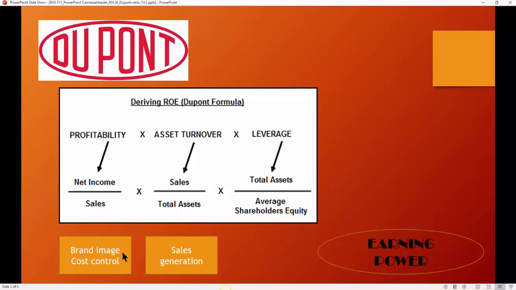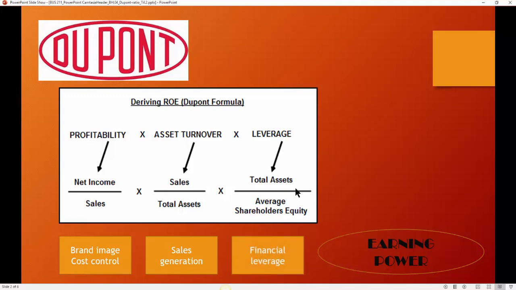So, having a higher revenue will produce a higher net income. Revenue less expenses gives you net income, and so if you have less expenses taken from your revenue, that exhibits good cost control. So the profitability ratio, net income over sales, addresses both brand image and cost control.